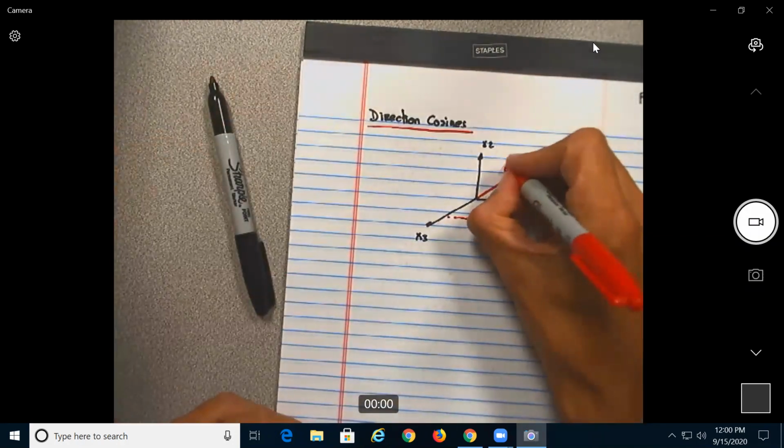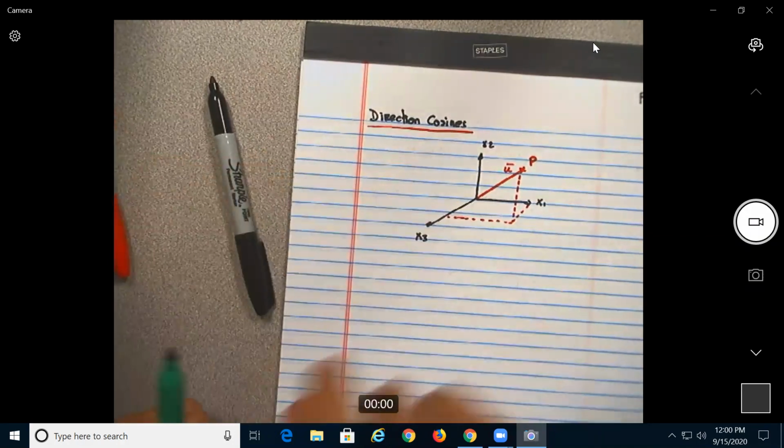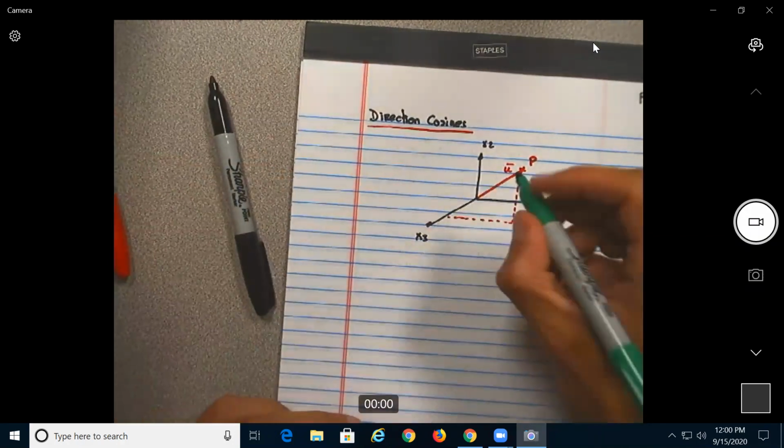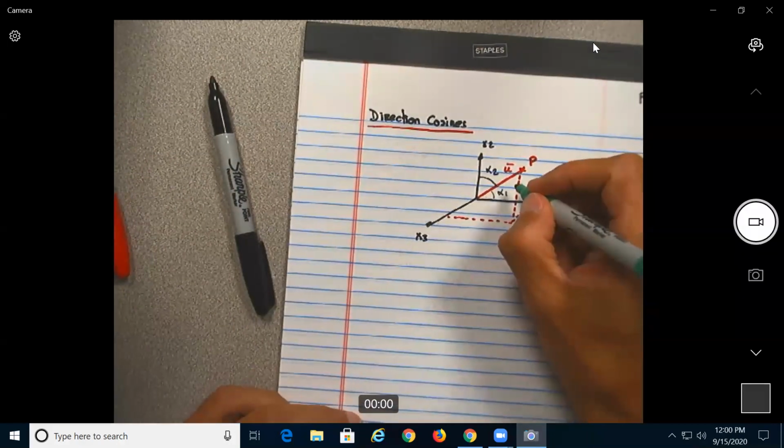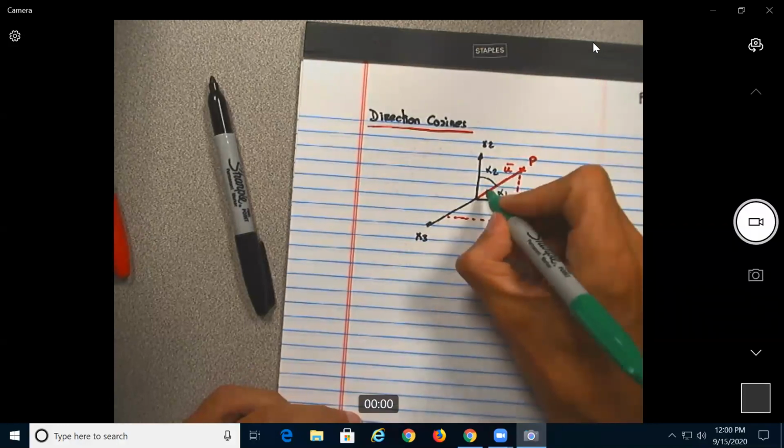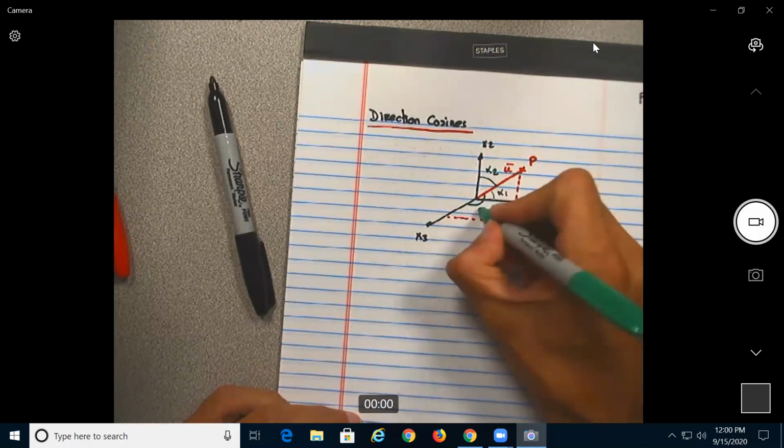This will be alpha 1, the same angles as before. Alpha 2, and now this should be here. It doesn't matter which way you do it. Let's say I do it here. Alpha 3.